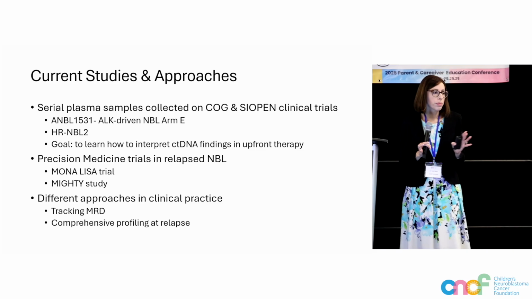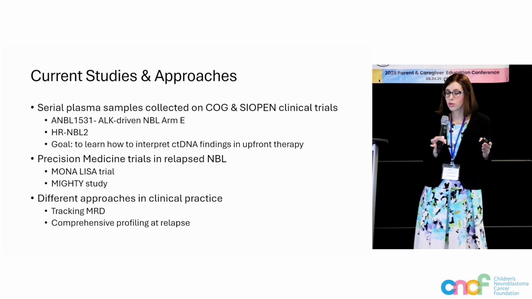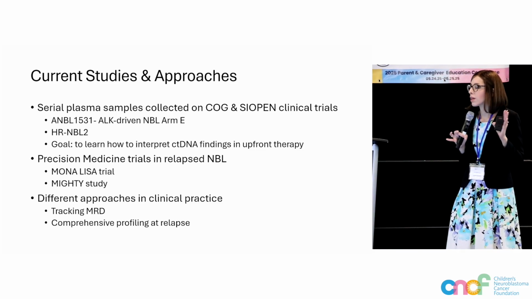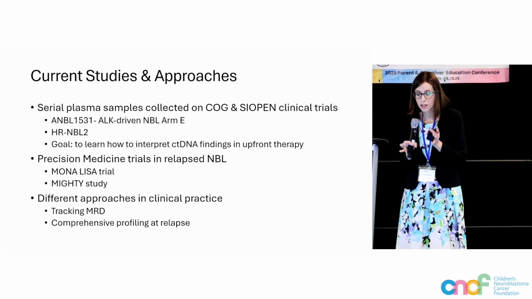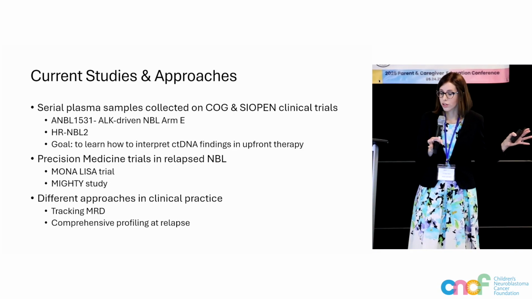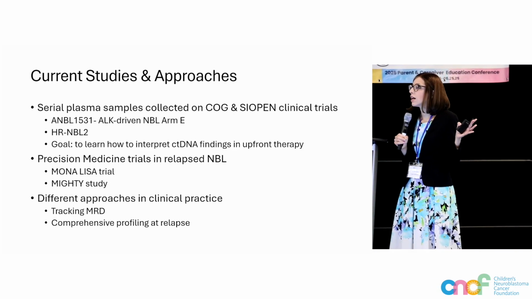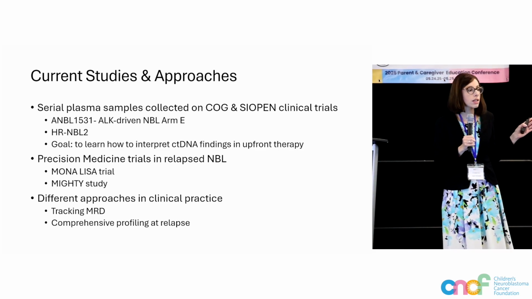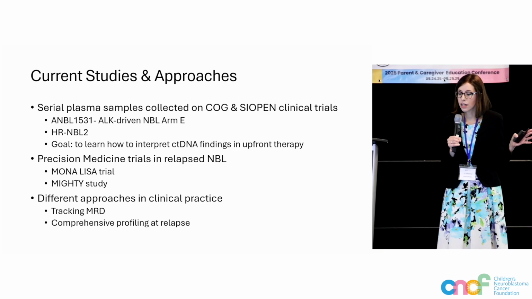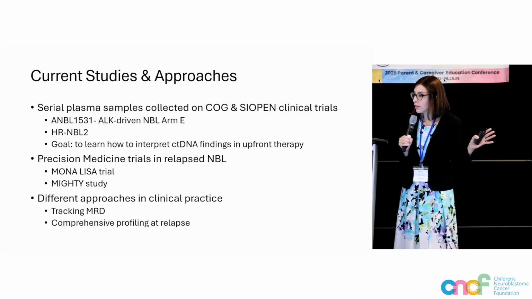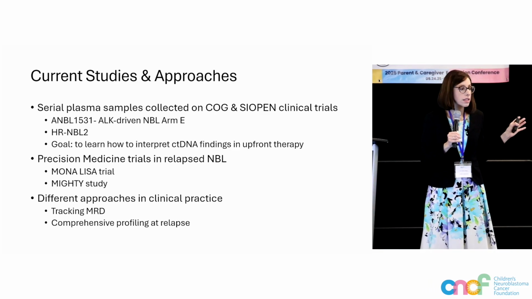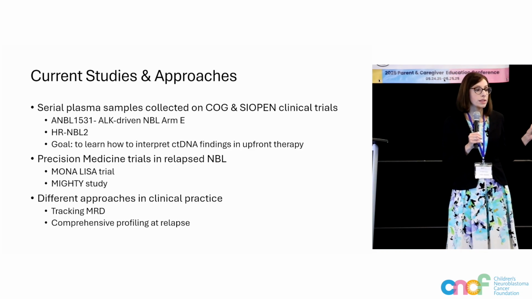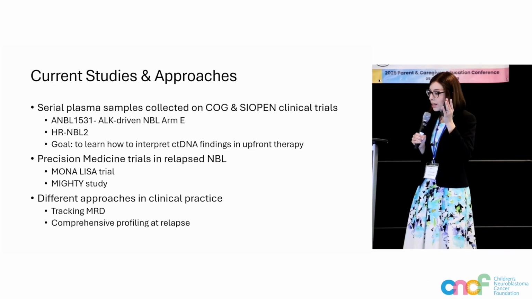So to finish up, the current studies in neuroblastoma are all collecting plasma samples for liquid biopsy. So in ANBL1531, which is the COG study looking at the addition of lorlatinib for patients with ALK-driven disease, we are still collecting ctDNA. On the rest of 1531, they've collected it serially throughout treatment, and there's a presentation on the preliminary data from that at A&R.